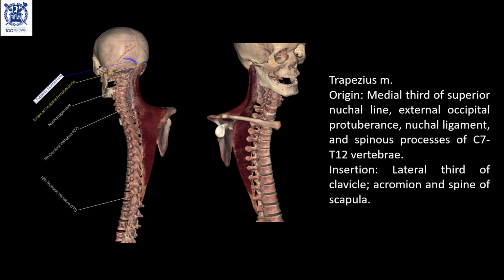Contraction of the trapezius muscle can have two effects: movement of scapula when the spinal origins are stable, and movement of the spine when the scapulae are stable. Its main function is to stabilize and move the scapula.